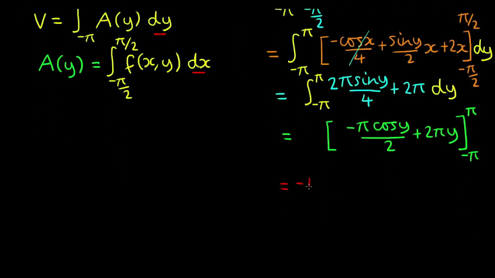So that gives minus pi on 2 by cosine pi, which is negative 1, plus 2 pi squared, and cosine negative pi is also negative 1, and negative is positive, and then subtracting the result we get minus pi on 2, and then we have minus 2 pi squared, and subtracting this gives 2 pi squared. So therefore, the volume below the surface is 4 pi squared.